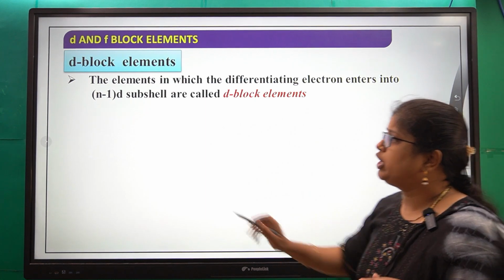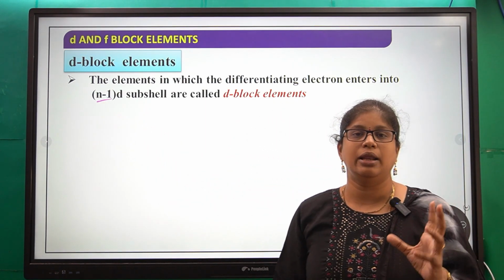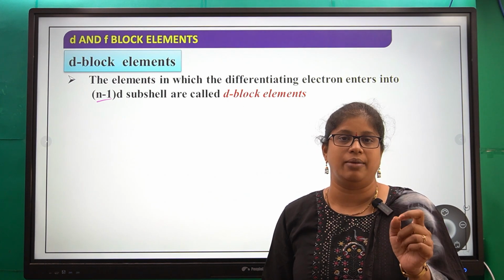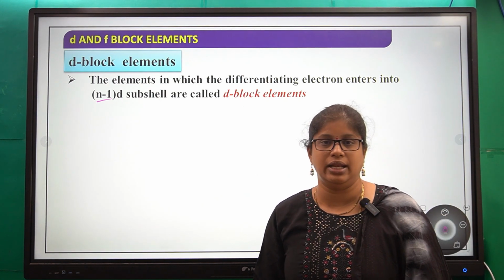So what is meant by the n-1 shell? If we say n-1, we should mention shell. And we know that each and every shell contains subshells in it.